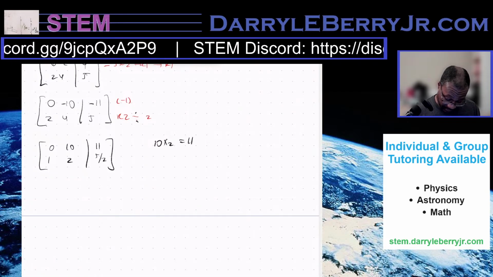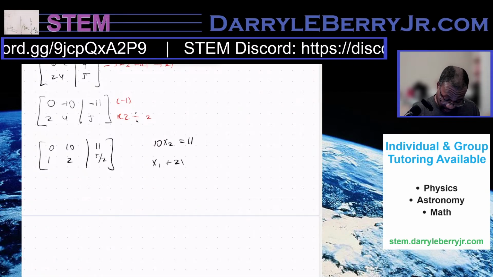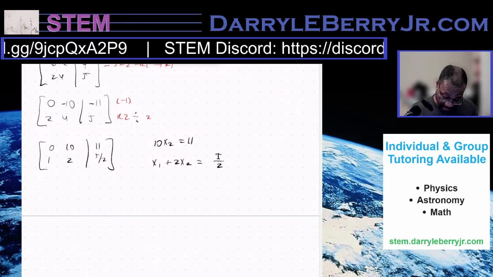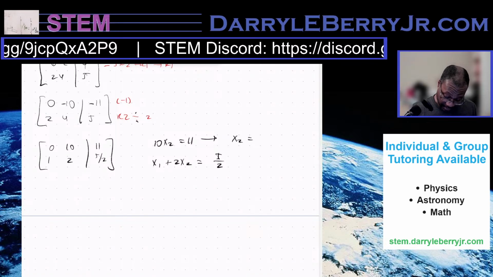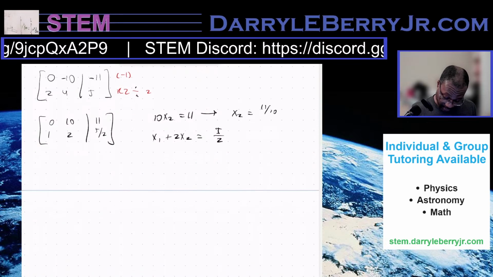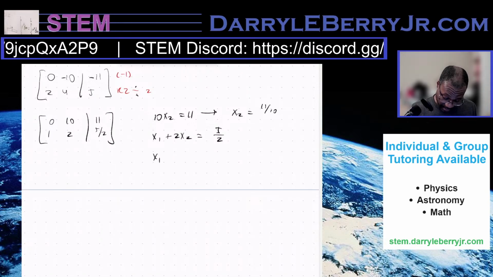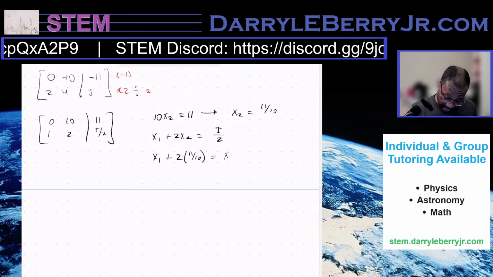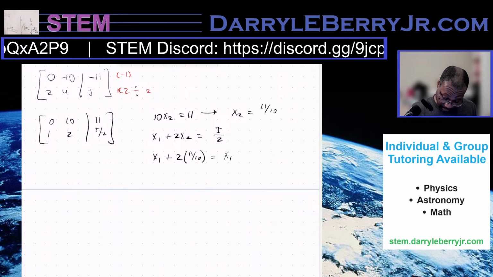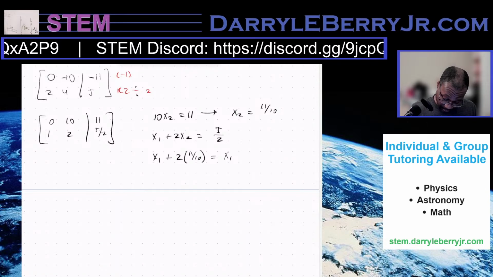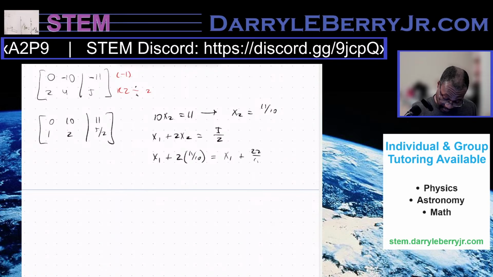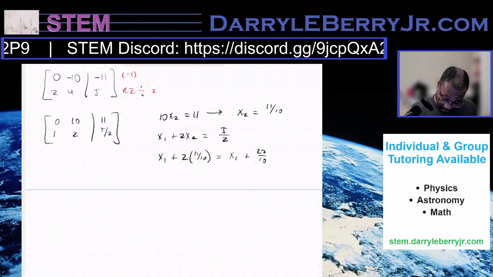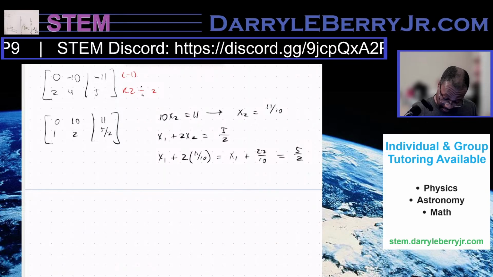10x2 equals 11, and x1 plus 2x2 equals 5 over 2. So x2 equals 11 over 10. So that means that x1 plus 2 times 11 over 10, equals x1 plus 22 over 10, equals 5 over 2.